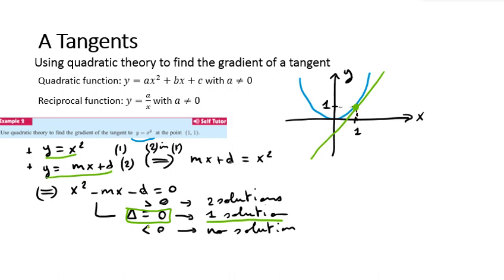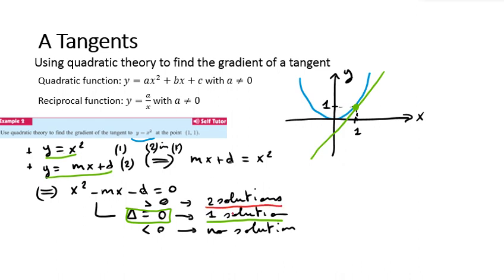And when delta is lower than 0, then we have no solution. So this quadratic equation has no solution, so those two functions have no common points. To make this clear, I'm going to draw it on the graph as well.